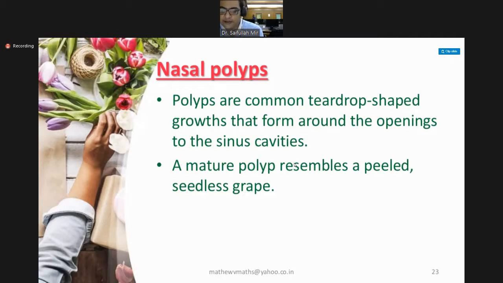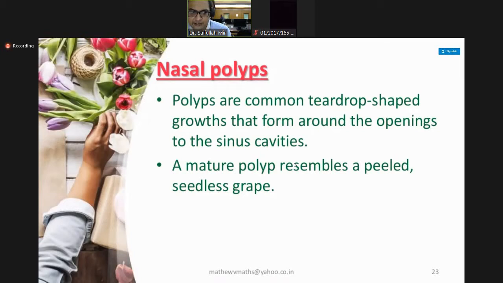So what allergies tend to do is they cause rhinitis, which causes water to pile up in the nasal mucosa. When the water piles up and you continue breathing with your nose, it tends to stretch the mucosa. When it keeps stretching, at a certain point, the elasticity of the nose goes away.